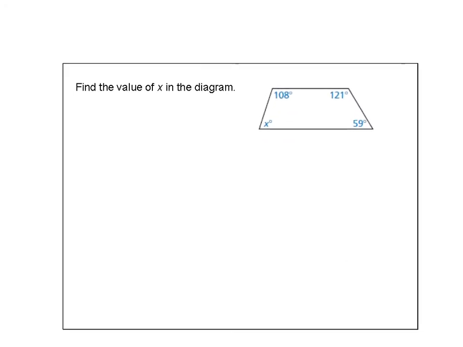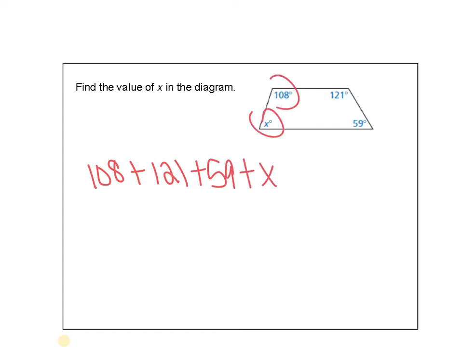So let's use that idea. We've got a quadrilateral here, and we know that if it's a quadrilateral, it adds up to 360 degrees. So we can add those angles on the inside: 108 plus 121 plus 59 plus x. We just added those 4 angles up, and since it's a quadrilateral, it should equal 360 degrees.